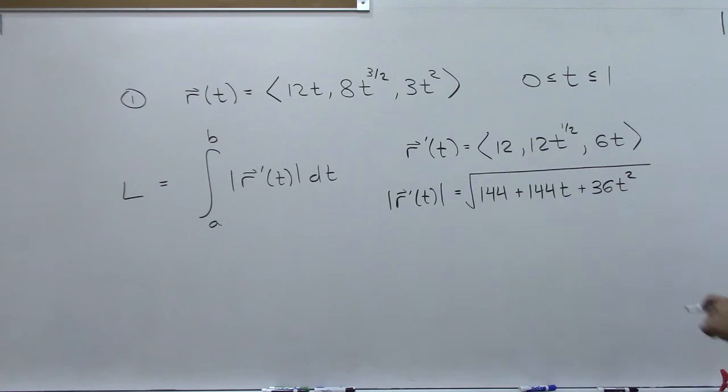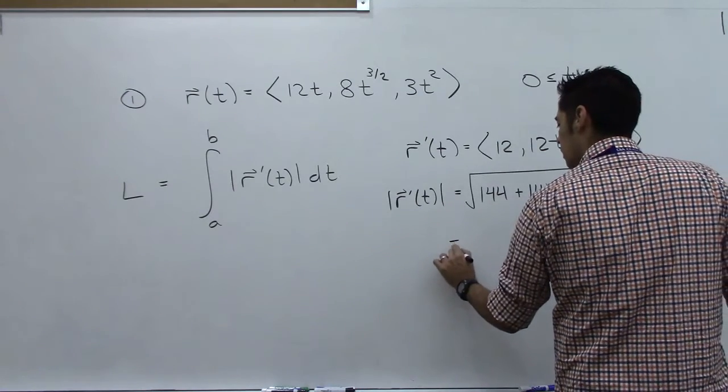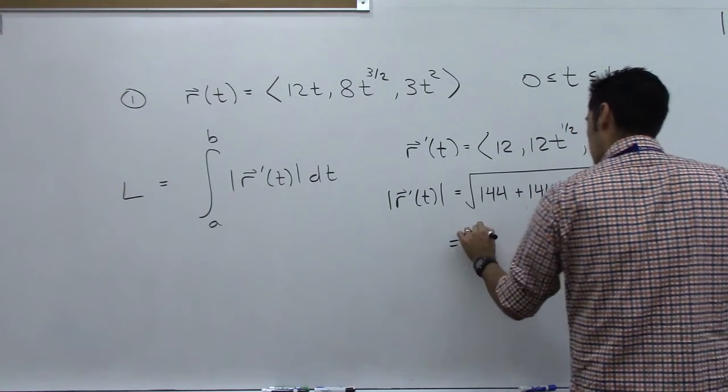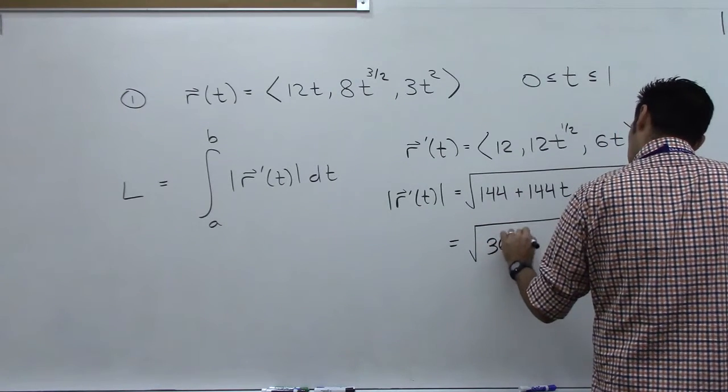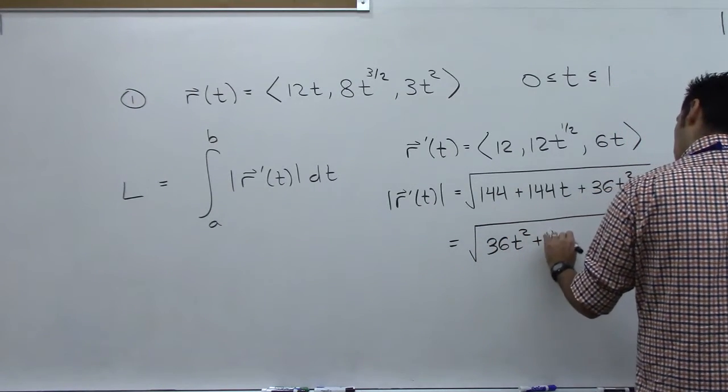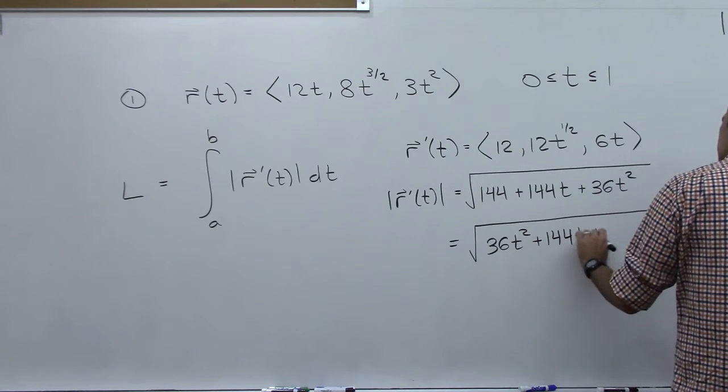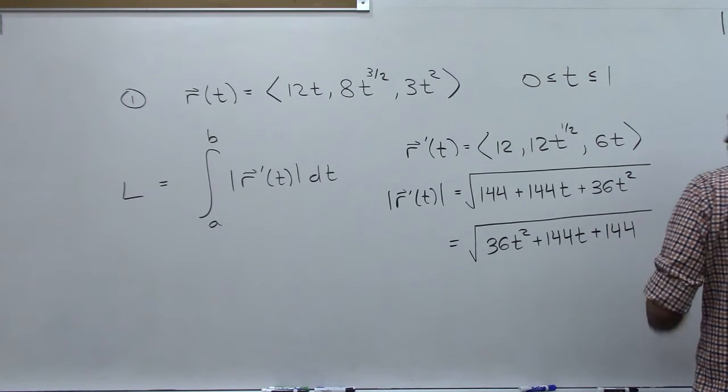And at this point, we should be able to factor out something here. Let me do it this way. The square root, let me put it in descending order: 36t squared plus 144t plus 144.